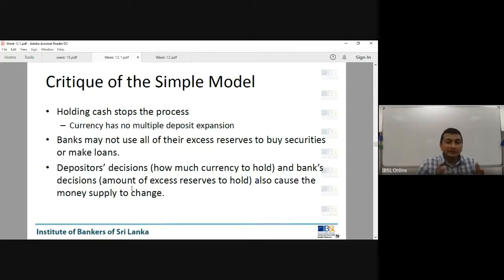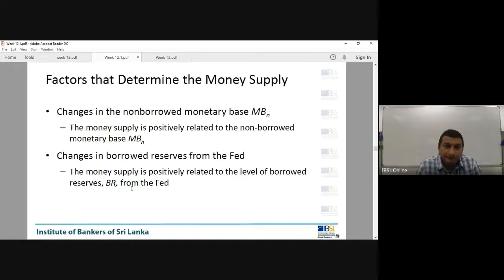So the money supply certainty, by how much the money supply changes, how many times, by what percentage, all would deviate based on the depositor's decision or the bank's decision in this process. So these are the critiques of the simple model that you just studied, right?